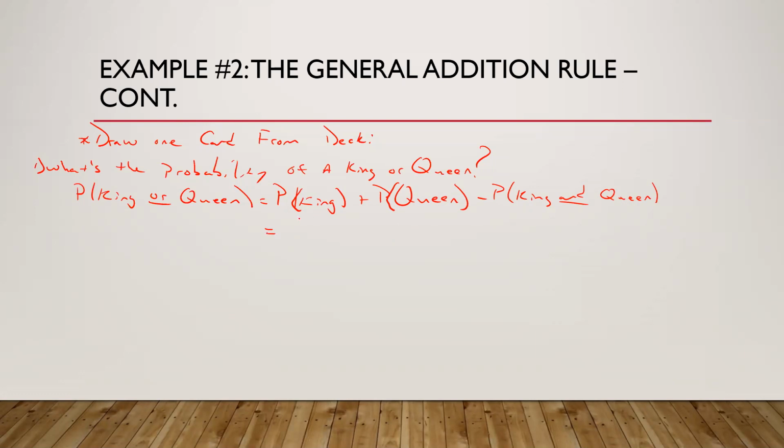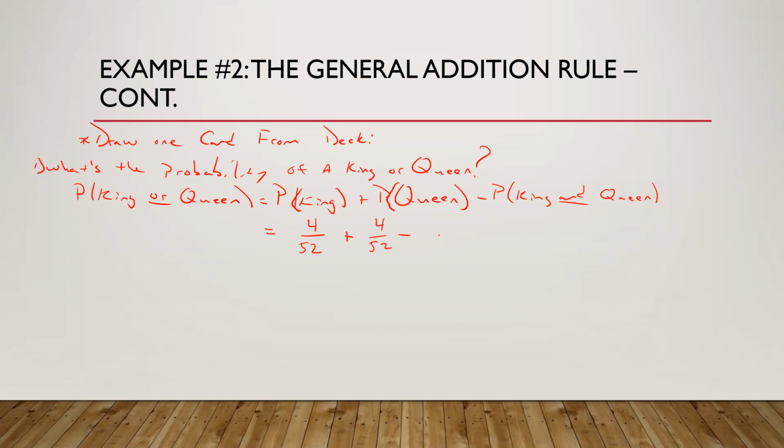So when you reach into a deck of cards, can anyone tell me what the probability you get a king is? 4 out of 52. Yep, there's 4 kings in the deck. There's 52 total cards. Plus, what's the probability you get a queen? 4 out of 52. Yep, 4 queens out of 52.